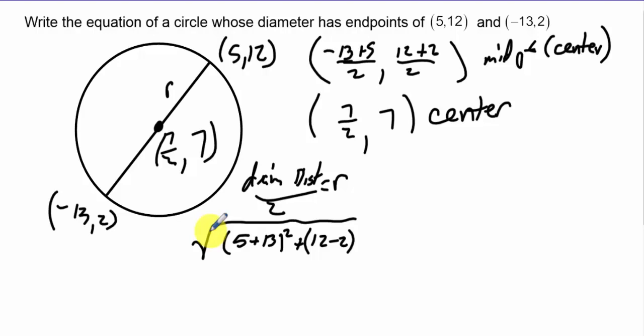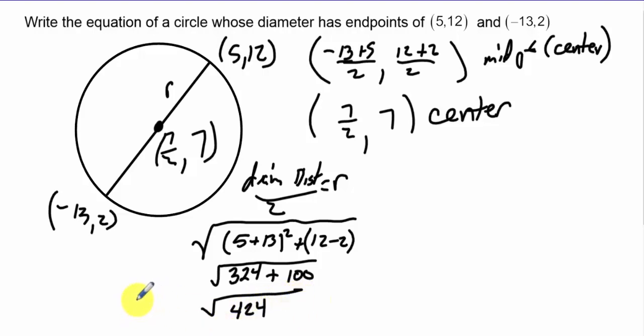That's going to be 18 squared, which is 324. Oh, and we're going to add 100 to that and square root it. So the square root of 424, and this is the diameter, and we're going to divide that by 2 to get the radius.